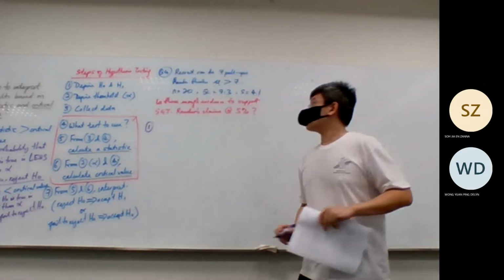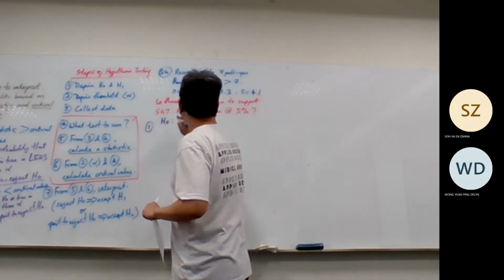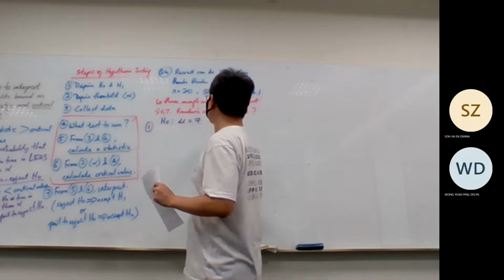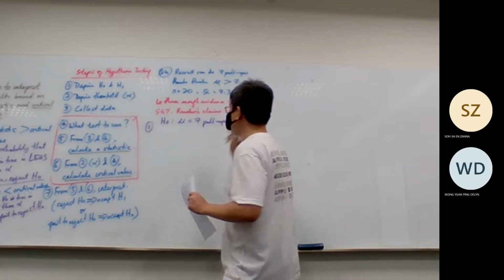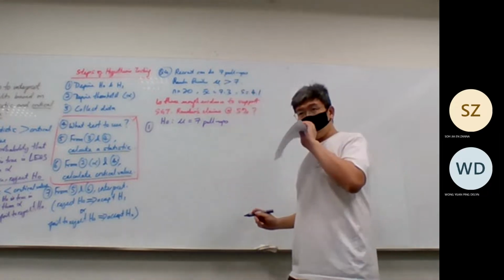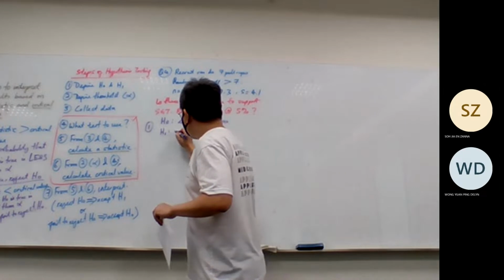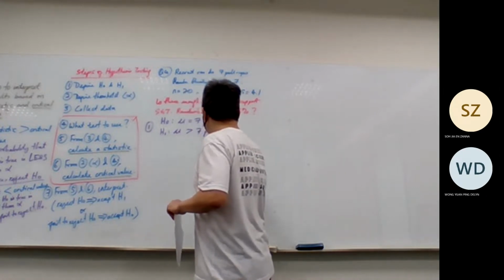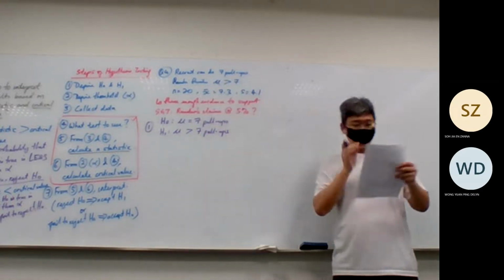Your null hypothesis is that the average is 7 pull-ups. Sergeant Rambo's claim is that it should be more than 7 pull-ups. Okay.